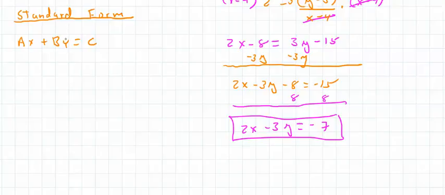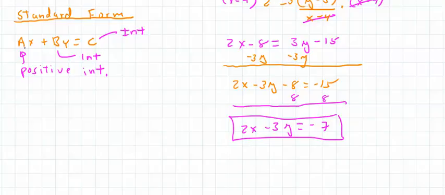Back up here to standard form. A is a positive integer, B is an integer, and C is an integer.